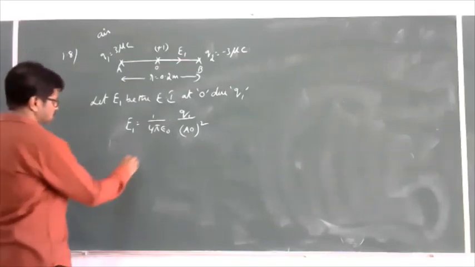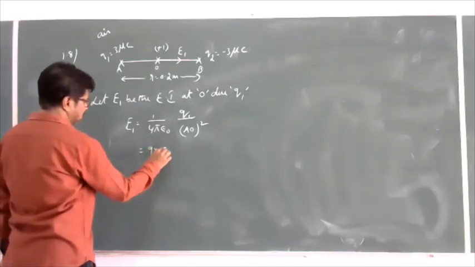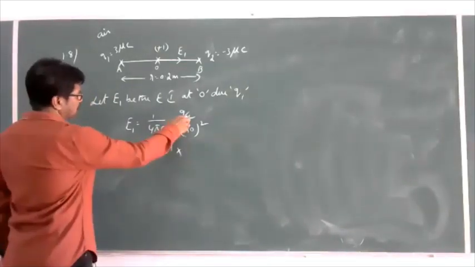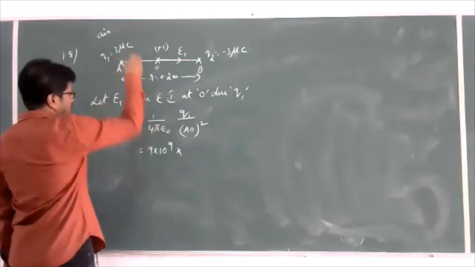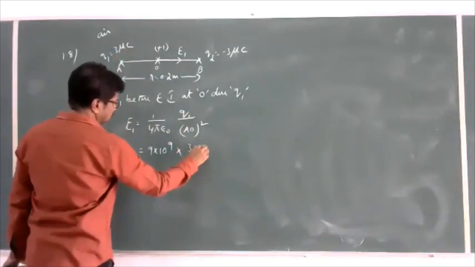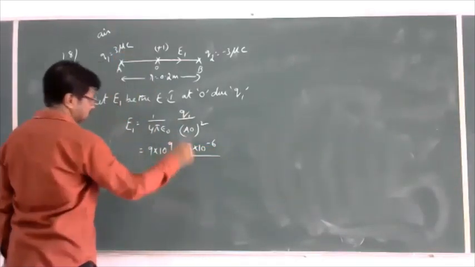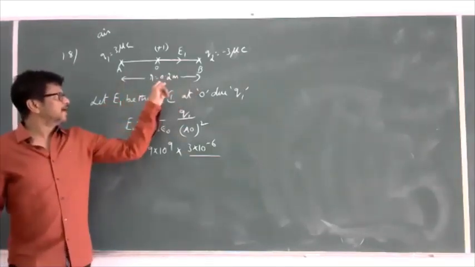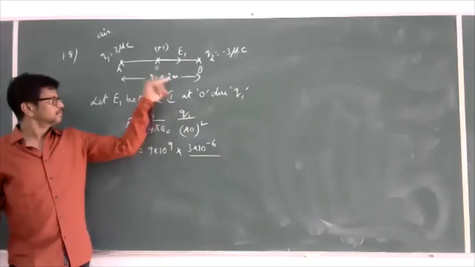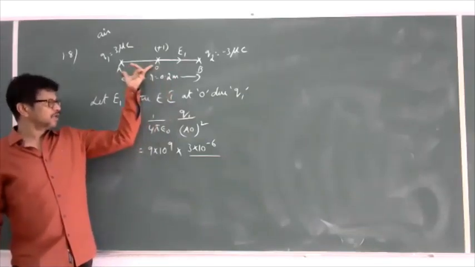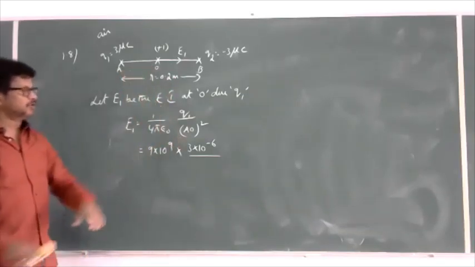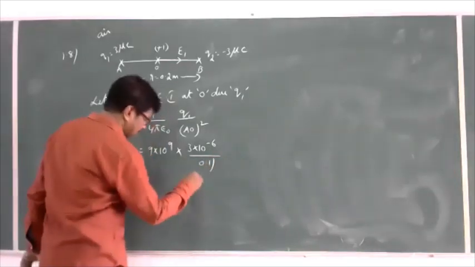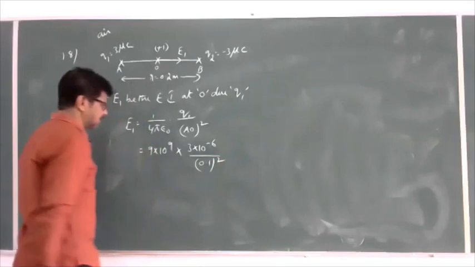If I substitute those values, 9 into 10 to the power of 9, Q1 is 3 microcoulomb, 3 into 10 to the power of minus 6. Distance between A and B is 0.2. Here half of the distance only we should consider: 0.2 by 2, which is 0.1, whole square.